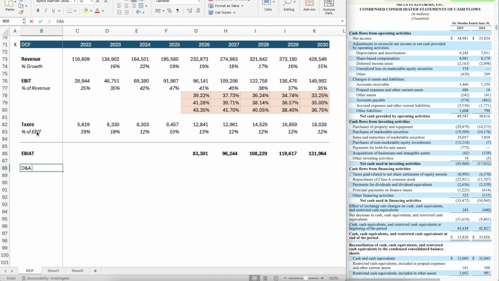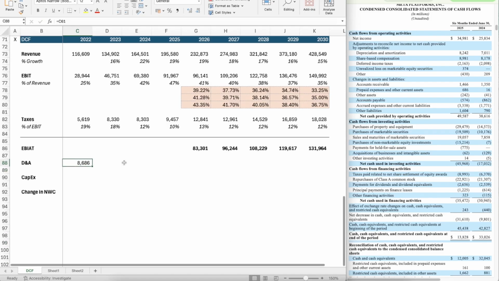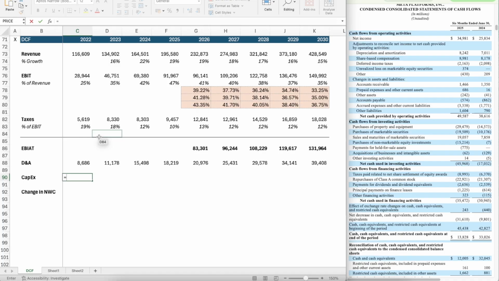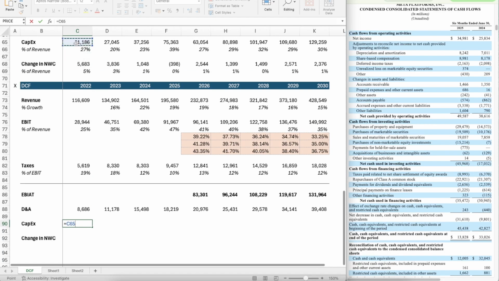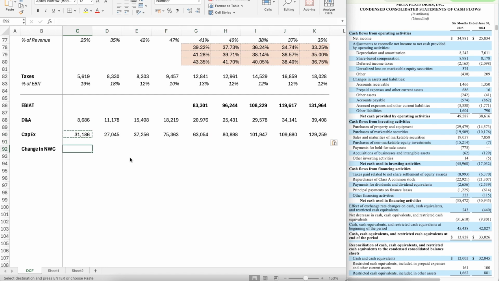And now we take our depreciation and amortization, the CapEx and our change in net working capital. We copy these down from where they are up here, copy across, copy across.